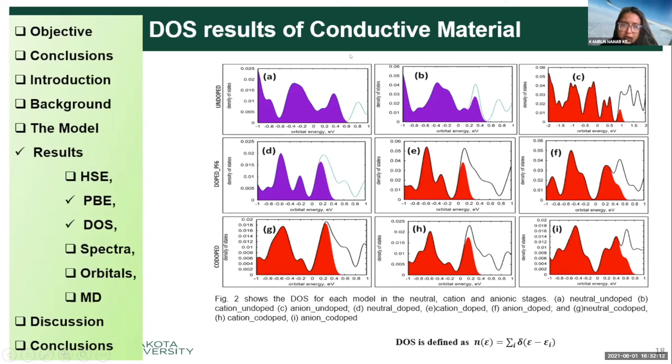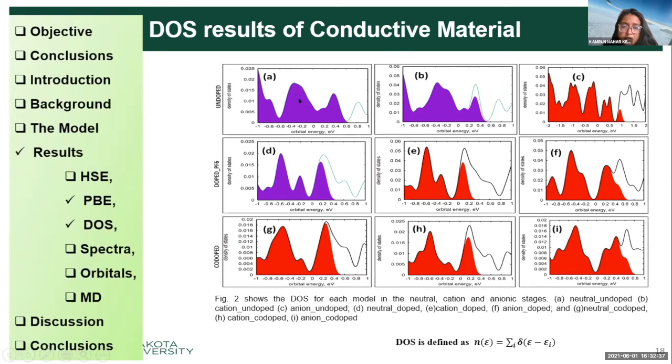So after that I plot the density of state graph for all three models. Here the first row is the neutral state of each model, then this one cationic, and after that this one anionic state.